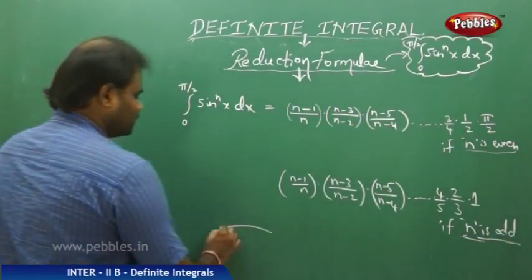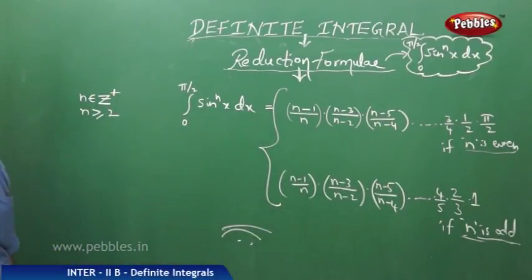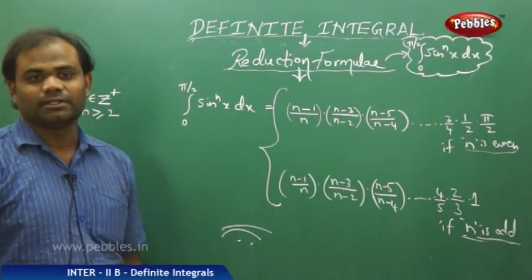This is how we identify the two cases for finding integral 0 to pi by 2 of sine power nx dx.